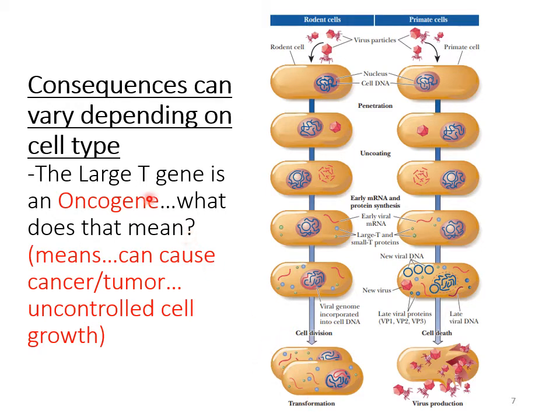And so the large T gene, because it can trigger this transformation of rodent cells to make the cells cancerous and have uncontrolled cell division, is known as an oncogene: a gene that can cause cancer or tumors, usually by causing uncontrolled cell growth. So in this example, the large T gene is the oncogene, and over here you end up with cancer in those cells.